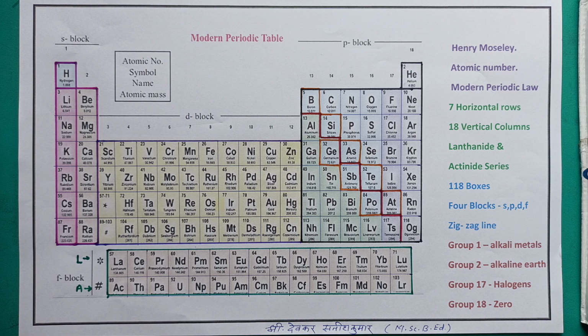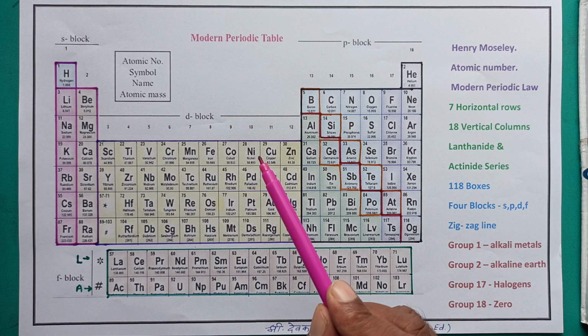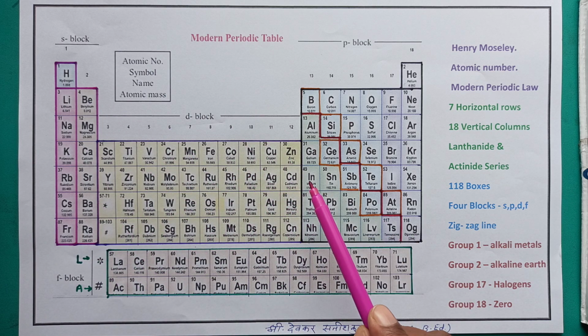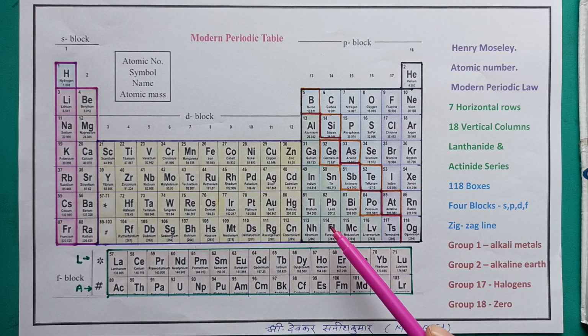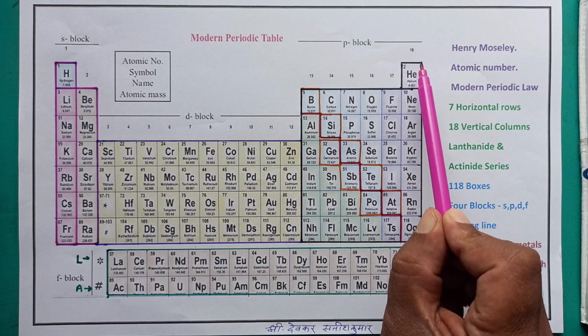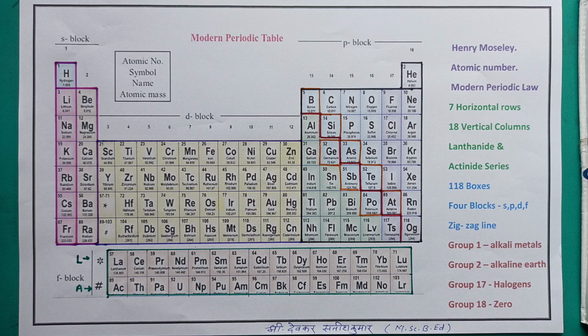Then vertical columns. In this modern periodic table, there are 18 vertical columns, and these 18 vertical columns are called groups. These 18 groups are numbered from 1 to 18, from left to right.